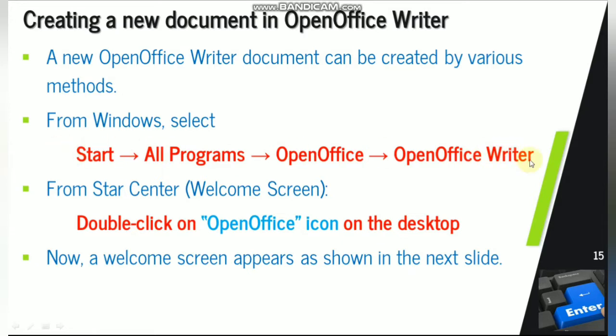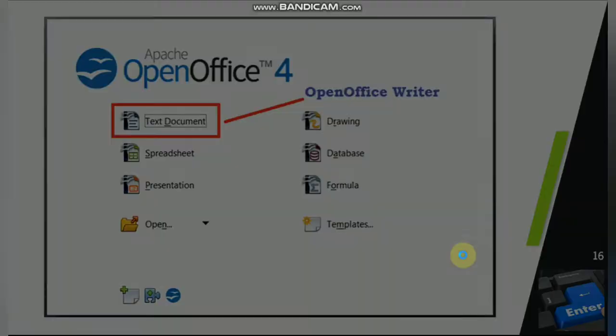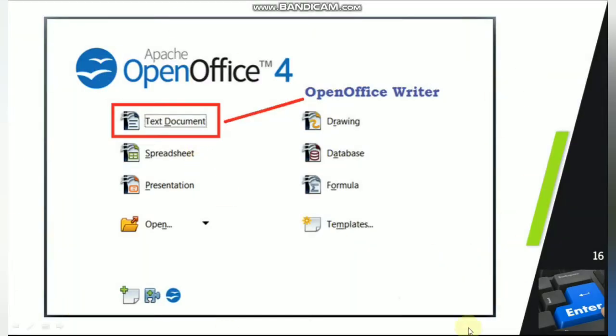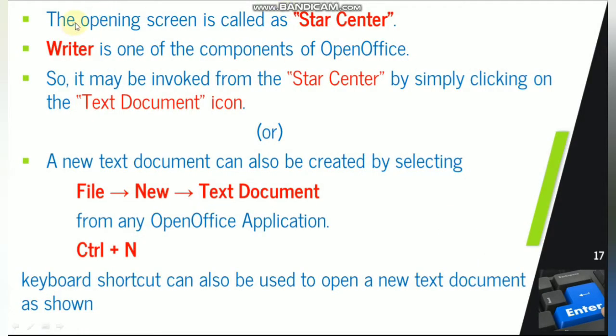Either this way, or you can double click on the OpenOffice icon as I did on my desktop. Now a welcome screen appears as shown in the slide. This opening screen is called your Star Center. As I said, this will be asked in a 1 mark question.